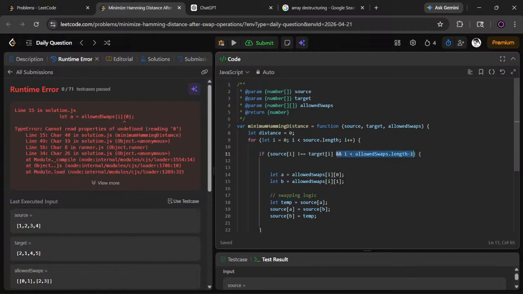Instead of putting it here, can we do and allowed swap? What am I even typing?